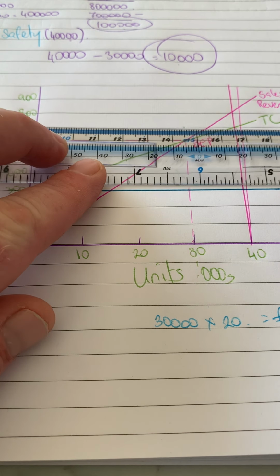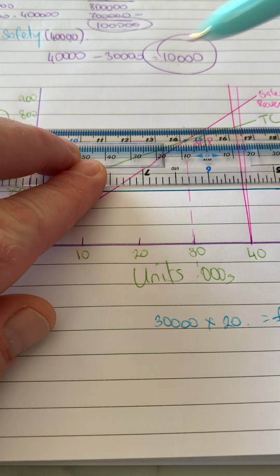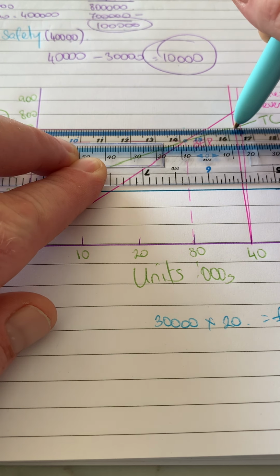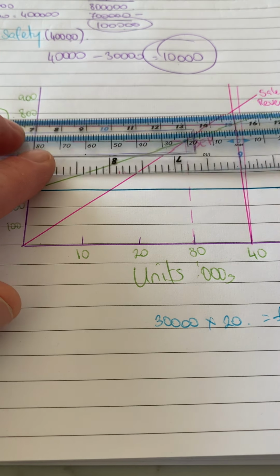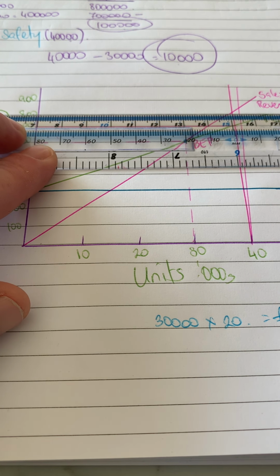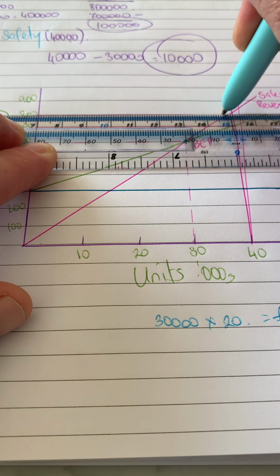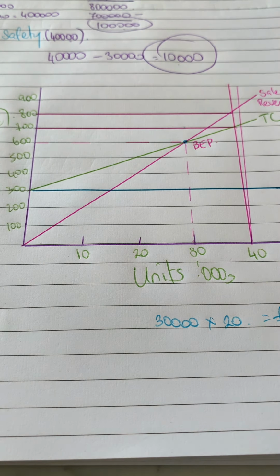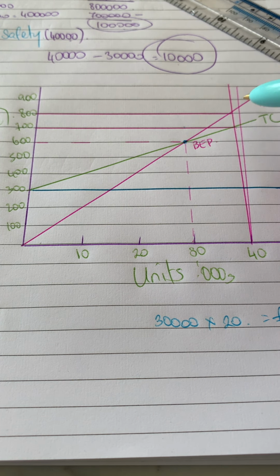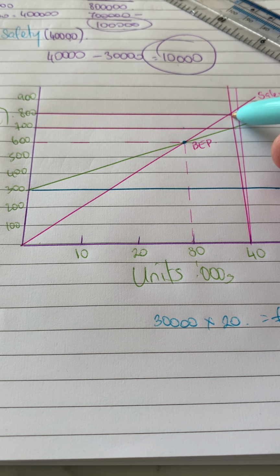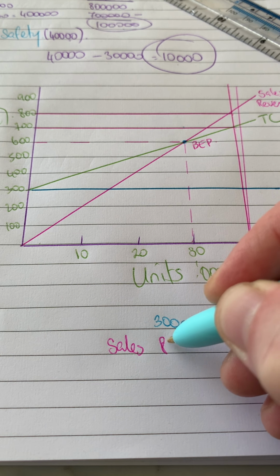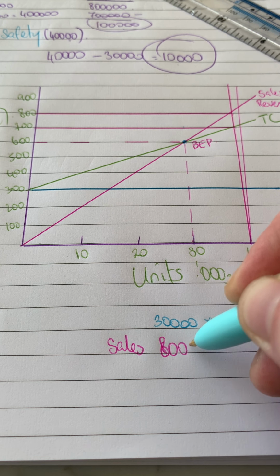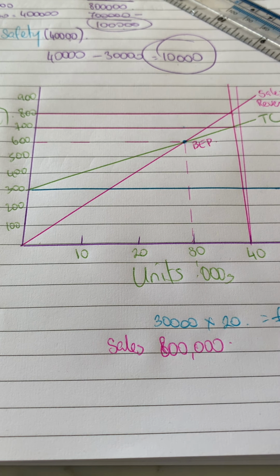The total cost line it breaks at a point that indicates 700,000, and on sales, a point where it indicates 800,000. On the sales line, the value of those sales is going to be 800,000.